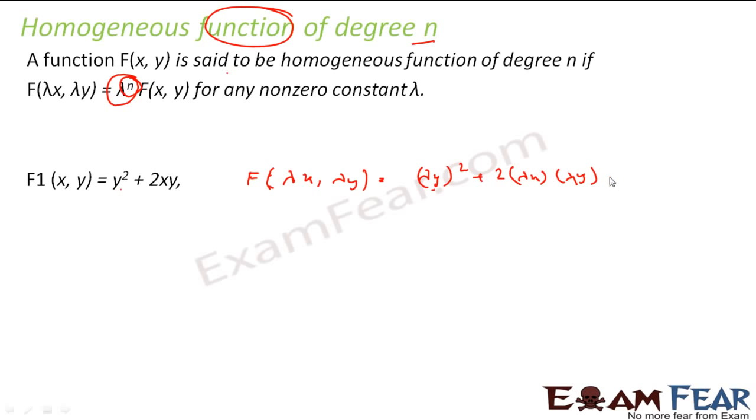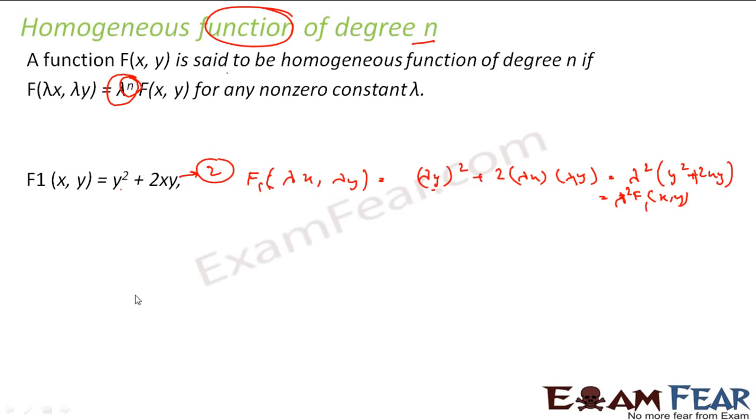So this becomes, if you see, lambda square into y square plus 2xy. And y square plus 2xy is f1 of x, y. So my f1 of lambda x comma lambda y becomes lambda square into f1 of x comma y. Thus this is nothing but a homogeneous function of degree 2.